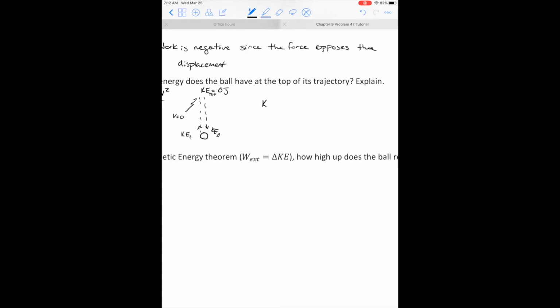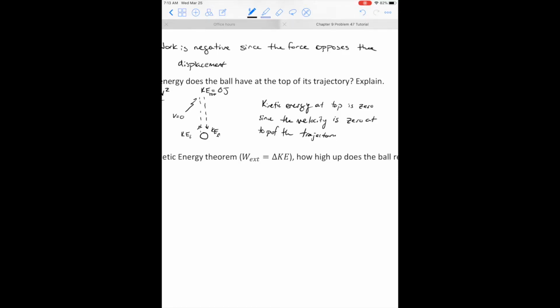And we can say that the kinetic energy at the top is 0 since the velocity is 0 at the top of the trajectory.